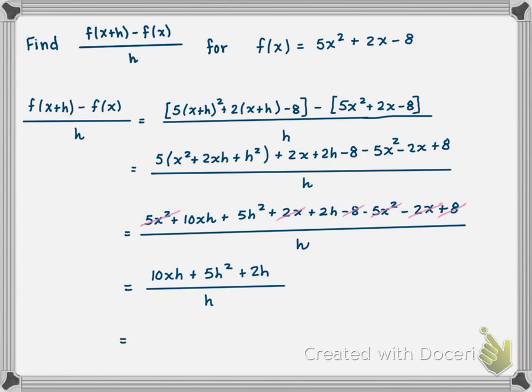Is it always going to be in descending order? Descending order doesn't really matter here because we have multiple variables. Those first two terms have degree 2, even though they're not like terms. So it's hard to talk about descending order when you have multiple variables. Usually if we want it in descending order, we'll put it in descending order of one of the variables.